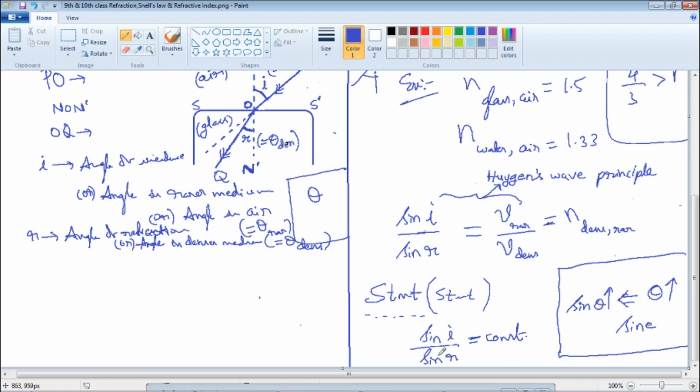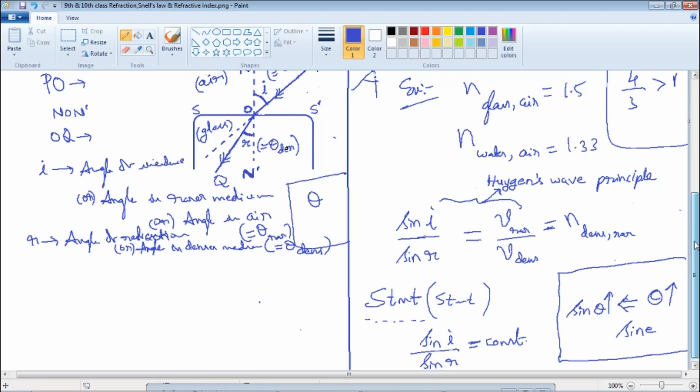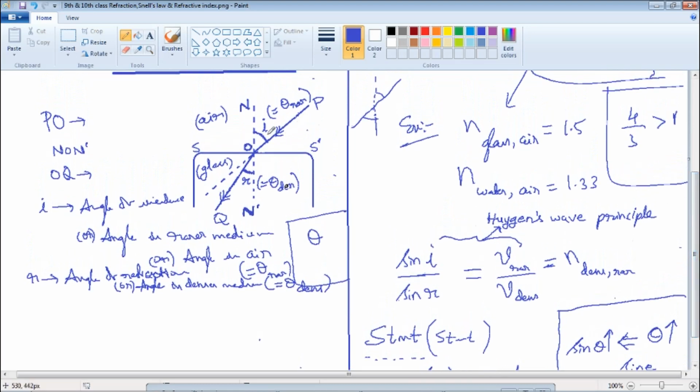But the important thing is that on the left hand side there are two quantities, i and r. Are their values always constant? They are not constant, they are actually variables. The reason is i is the angle made by the incident ray with the normal. The incident ray can be incident at any angle: 45, 50, 60, and according to this angle, r will have its own value.